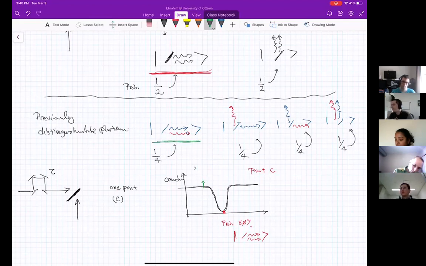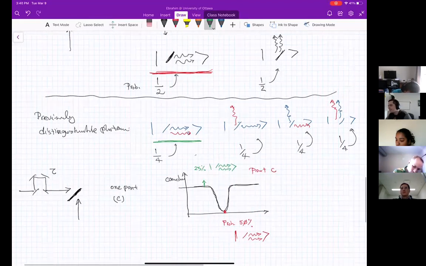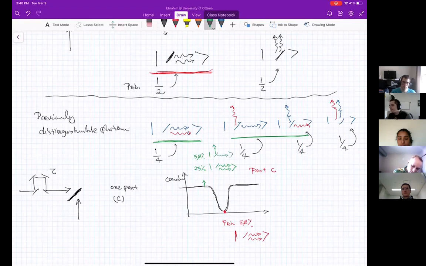So 25% of the time, I have this state, right? And 50% of the time, I have this state. I don't care about the last one because the last one has nothing to do with port C, right? So 50% of the time, I do have this photon and this photon. Although they are distinguishable for me, it doesn't matter. Clear?